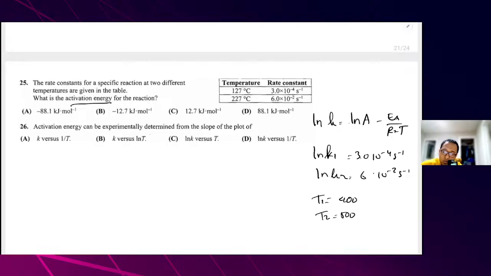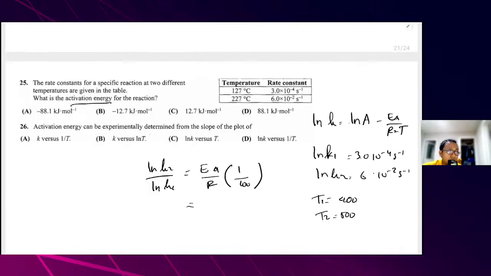I think we need to use the Arrhenius equation, which is ln K2 over K1, so it should be EA over R times (1/T1 minus 1/T2). So this one is 100, right? We know this one is 100.